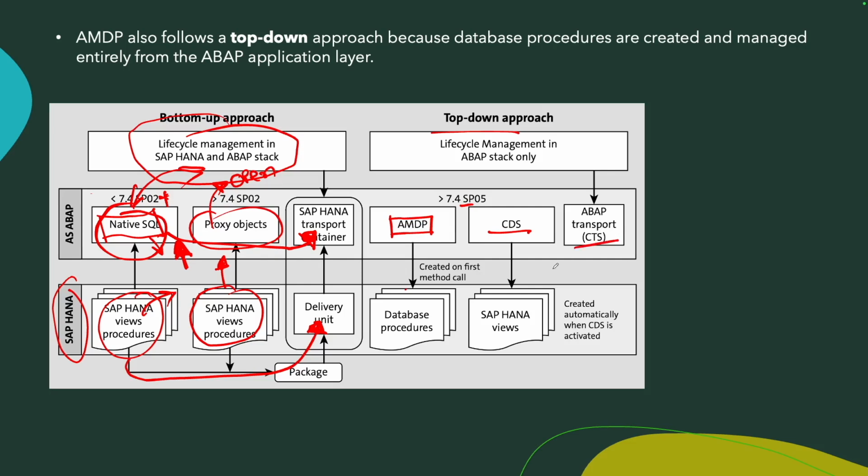What is CTS? CTS is the change and transport system. So you only transport this application layer code to production, and when you call this AMDP for the first time, it will create a database procedure. So you don't need to manage these two things. You can only use CTS to move your AMDP to production.